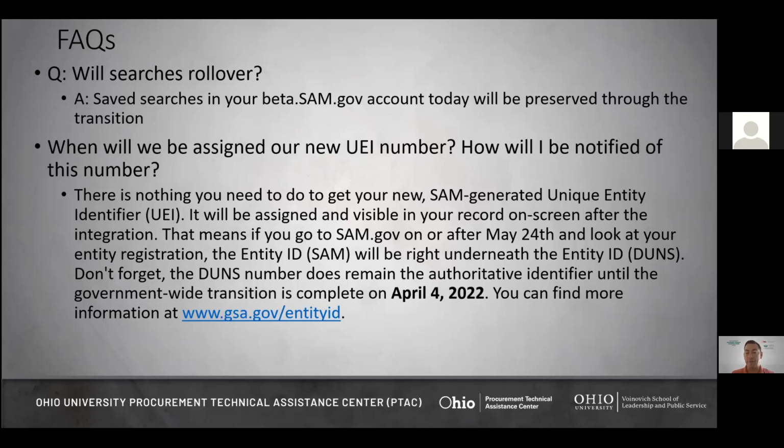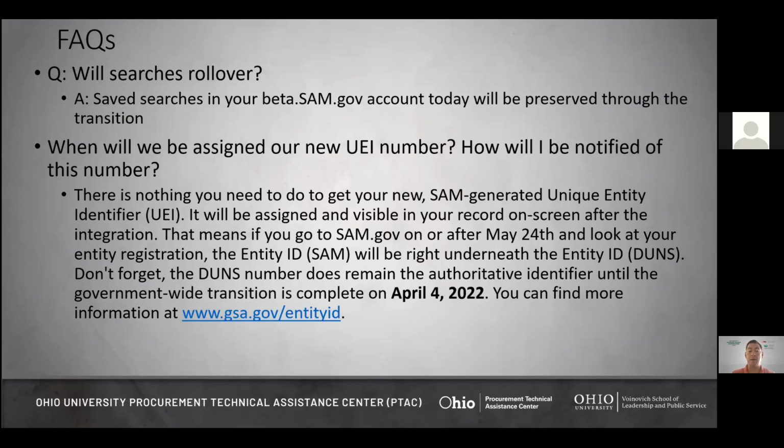There's nothing that you have to do to get that UEI. We can always show you how to look it up. It's part of your entity registration in sam.gov. But what it means going forward is they'll no longer be using the DUNS number. So that means if you need to register for a unique identifier, you're going to be using the sam.gov system and not the DNB system.